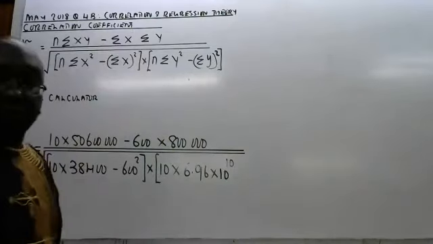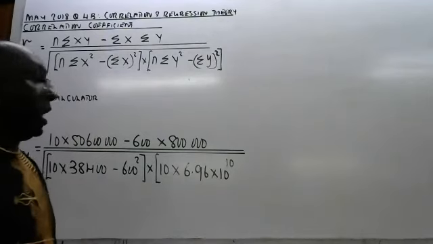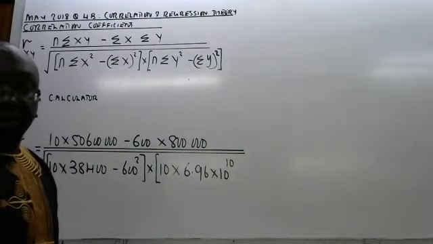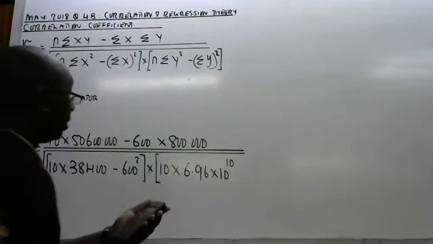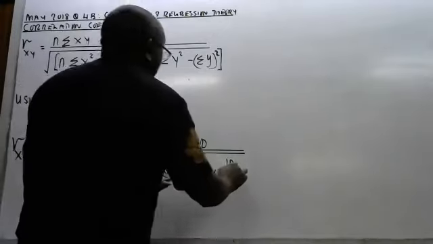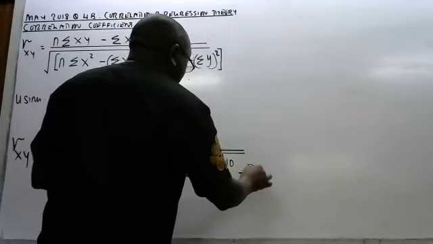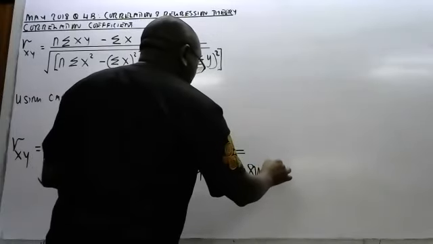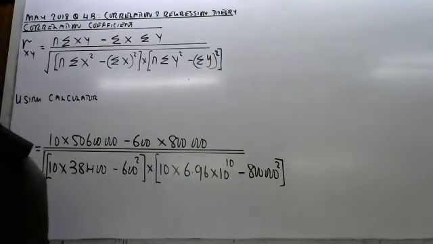This is the beauty of using the calc, because you can see that is a very huge figure. Yes, Abel, good. Minus sum of y squared, that is 800,000, you square.